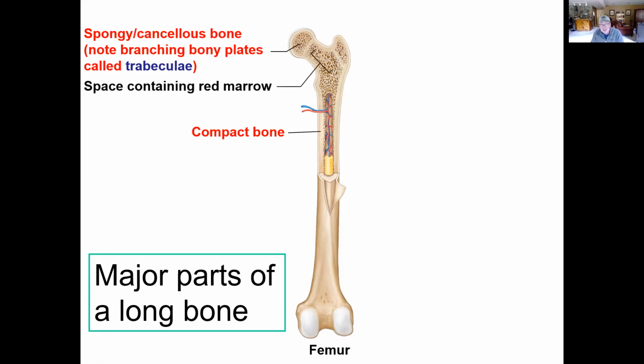When we look in the spongy bone of a long bone in the epiphyses, we'd find what's called red marrow. You're probably familiar with red bone marrow. It has actually a liquid consistency to it, a rather viscous liquid consistency. It's not a solid, it is a liquid.